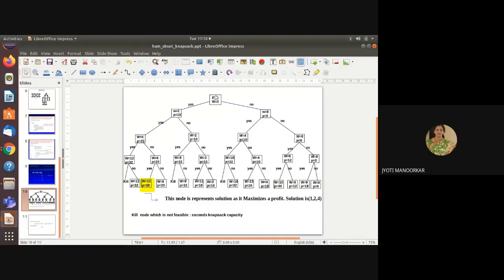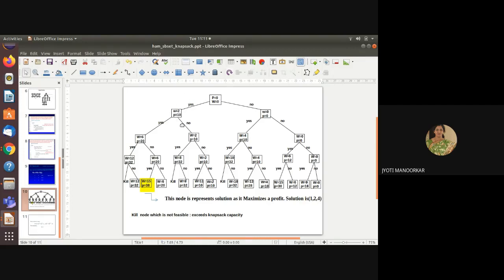Now we will create two branches. One branch is for including the first element, which will be the left branch. The right branch is for not including the first element.